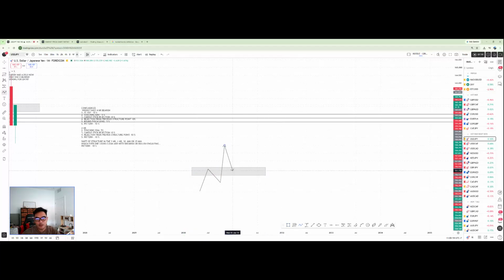Now you have that engulfing, and that's going to be another confluence to take the trade to go up. If it's bearish, if you have a shift or BOS or CHOCH, then that's going to be your entry confirmation too as well, something like that.